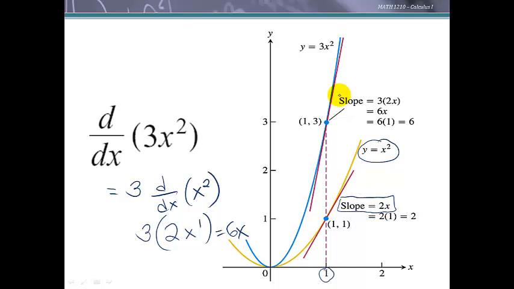Now, if we take a function that is 3 times x squared, then the slope ends up being 3 times 2x, and you can see if we looked at it at 1, this slope is 6, which is 3 times the slope of our function x squared. So we can do the constant later so that we can go ahead and use our rules. We can use our power rule to find the derivative of x squared and then multiply by the constant.